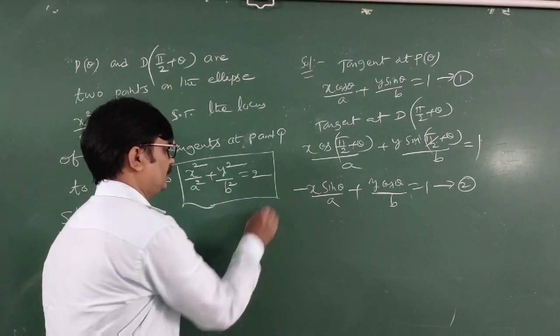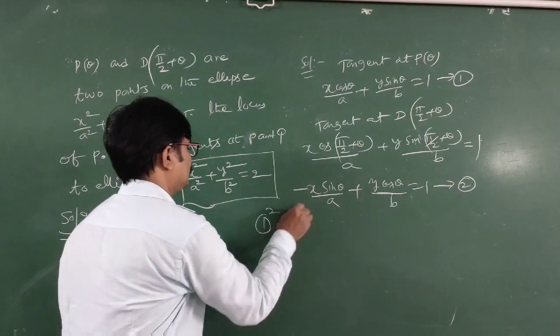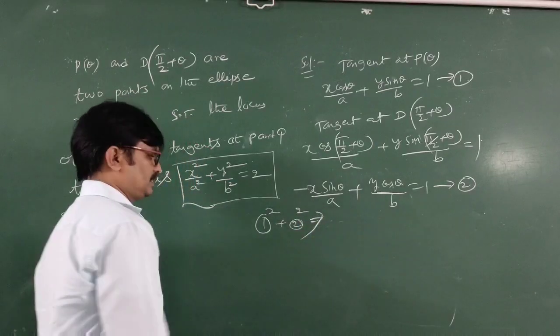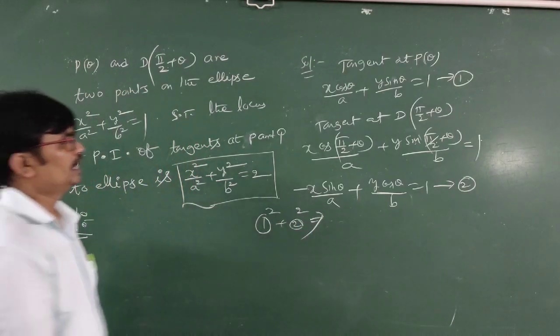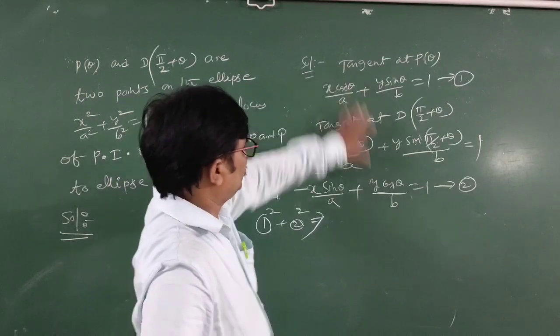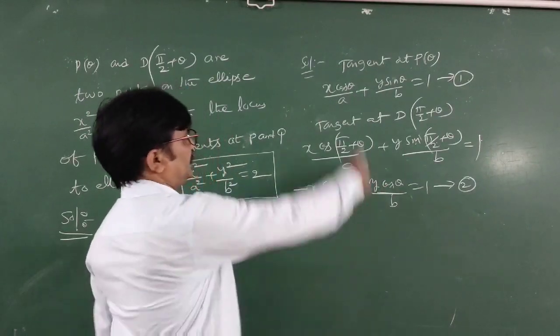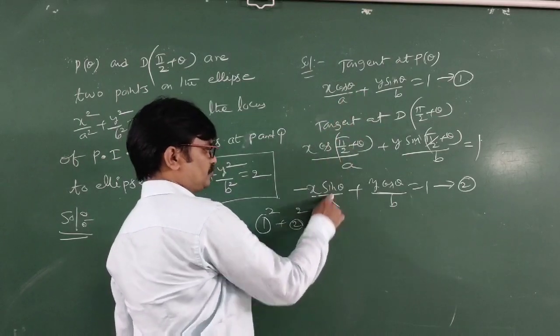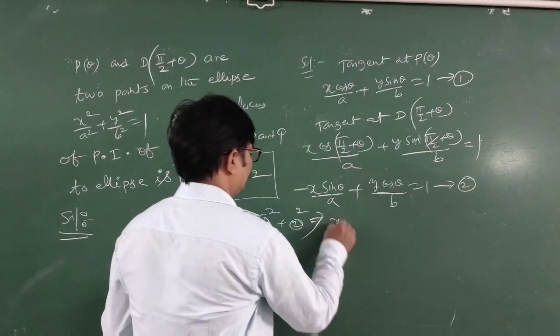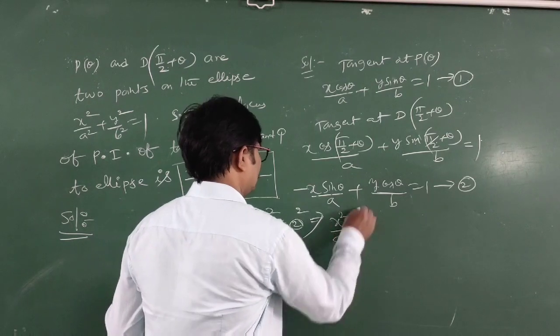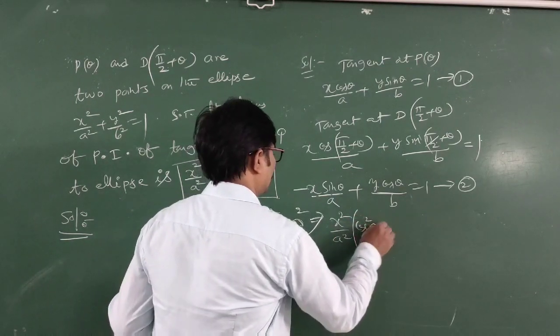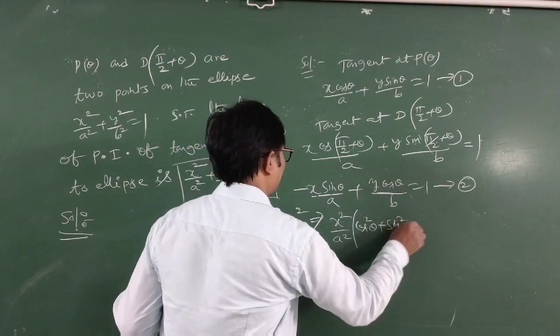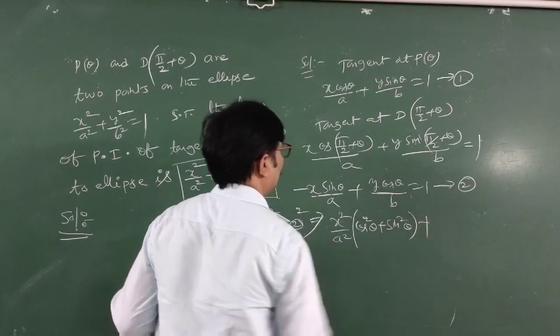So students, we can remove theta by using 1 square plus 2 square. This is a plus b whole square, this is a minus b whole square. A square is x square by a square cos square theta, x square by a square sin square theta. So x square by a square into cos square theta plus sin square theta.